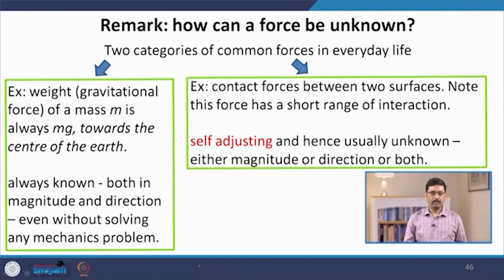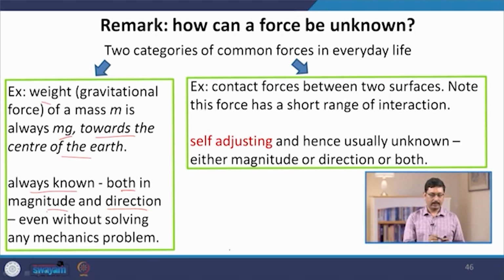Take a particle of mass m; its weight is always m times g, where g is the acceleration due to gravity, always towards the center of the earth. This force is always known, both in magnitude and direction, even without solving any problem.